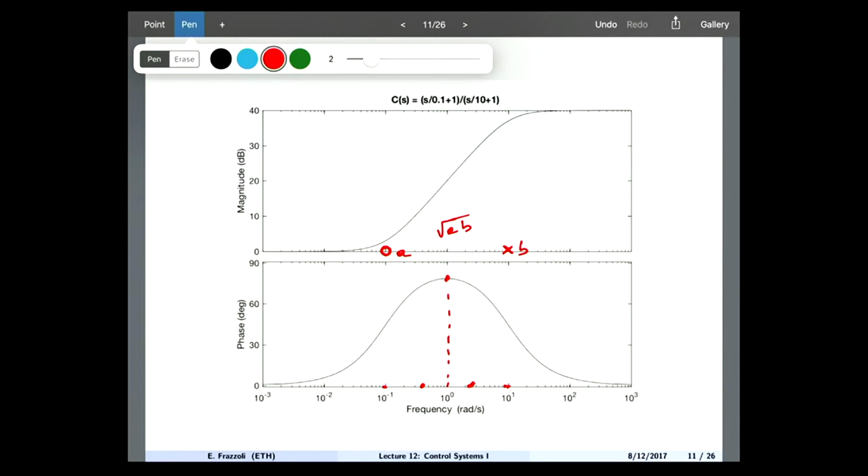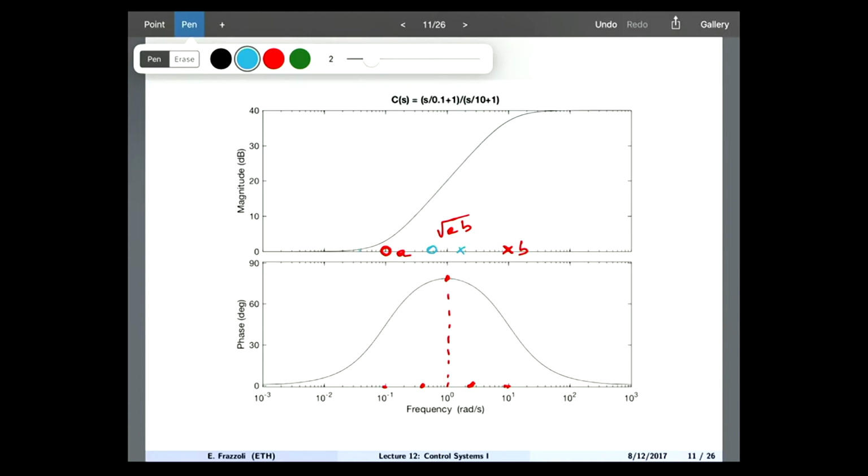But let's try to do it with a different color, okay? So let's say that now I have another compensator where the 0 is here and the pole is here, okay? So I'm keeping the geometric mean at the same point, okay? What do you think that the magnitude plot will look like?